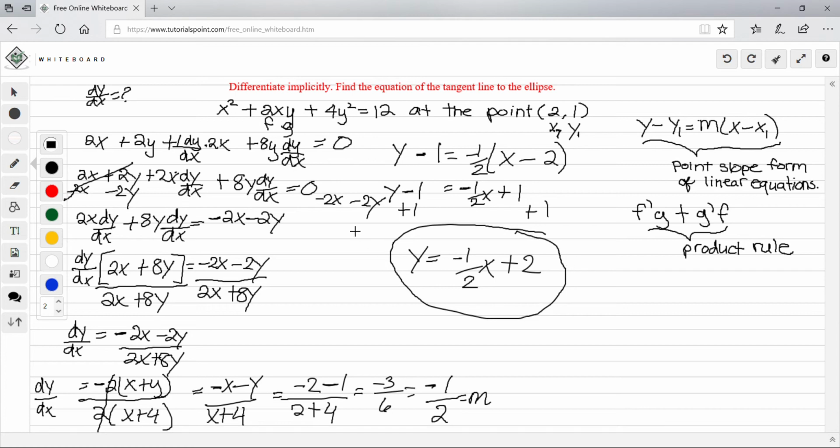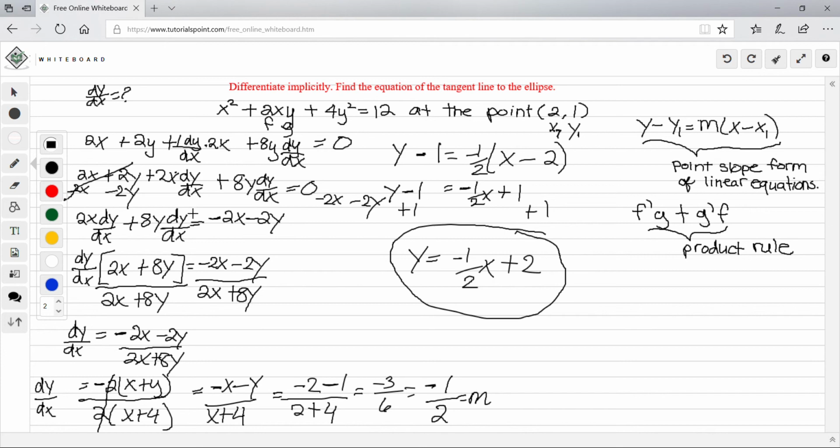So what we first did was we differentiated with respect to x. Wherever there's an x, you just leave it alone, and whenever there's a y, you just add a dy/dx. And then we had to use the product rule.